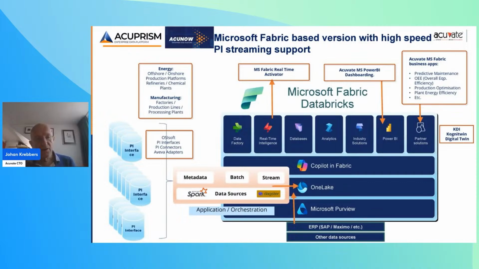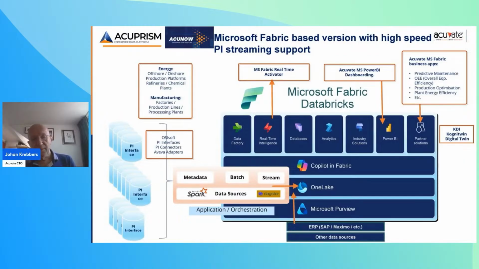It can be collected using Aveva, OSIsoft PI interfaces, and then the data is in our case streamed real time to Microsoft Fabric. So the data does not stay in the OT space. The data goes real time via the secure gateway between OT and IT, from OT real time to Fabric.